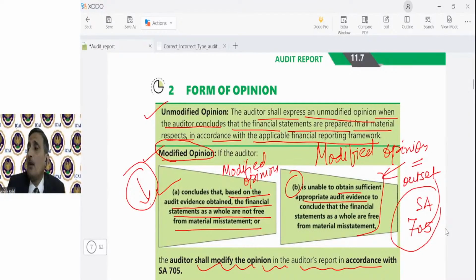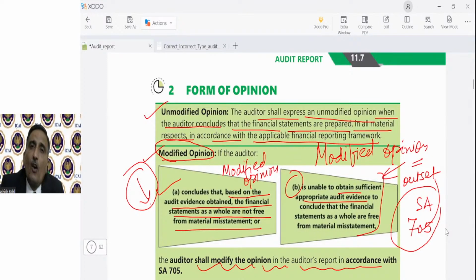Now Dinesh, you are asking, is modified opinion lower than reasonable assurance? Dinesh, you are mixing up two things. Reasonable assurance means that the auditor has obtained a high level of comfort by obtaining sufficient appropriate audit evidence.